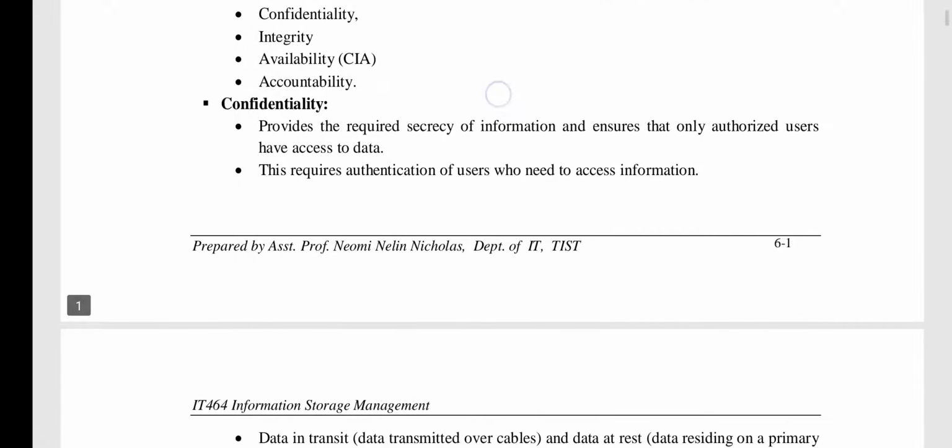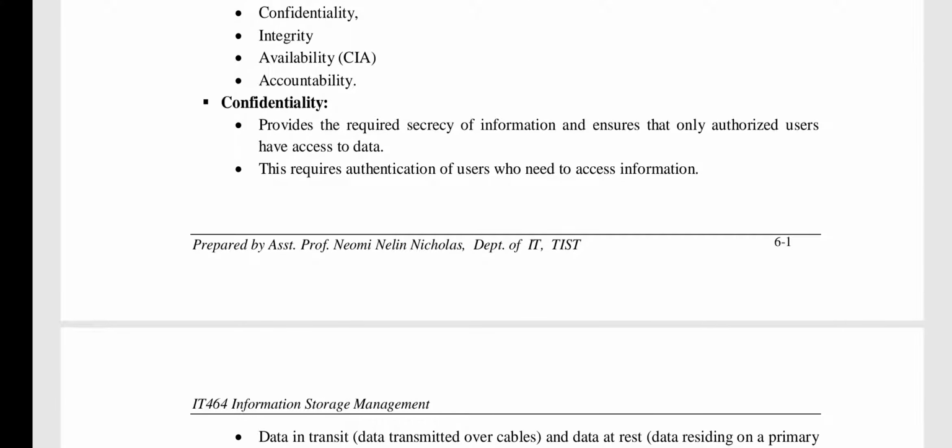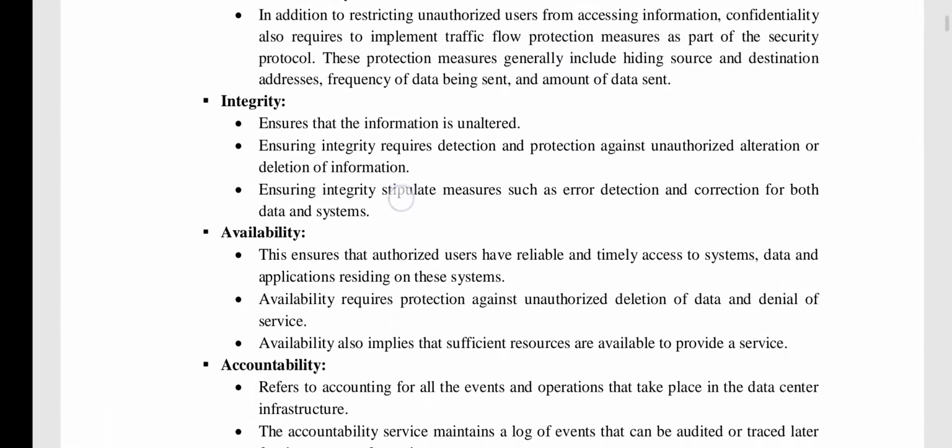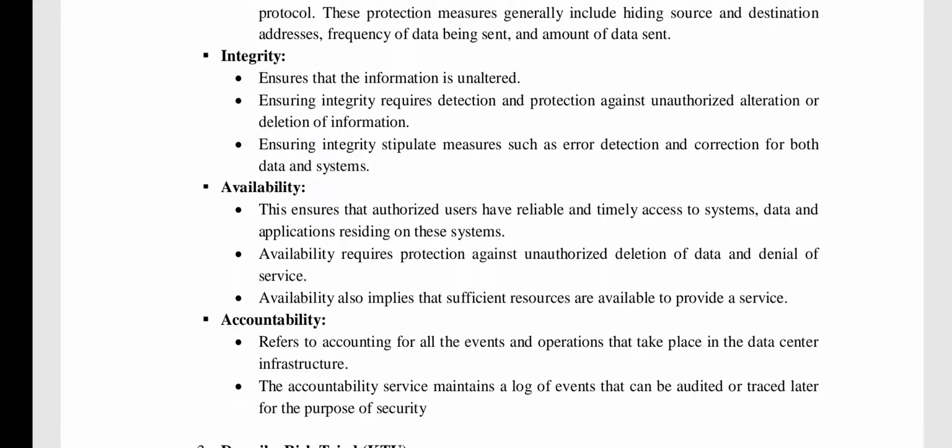You all are very familiar with this. Confidentiality means providing the required secrecy of information and ensuring only authorized users have access to that data. Just go through it; we have learned about all this. Integrity ensures that the data is unaltered.